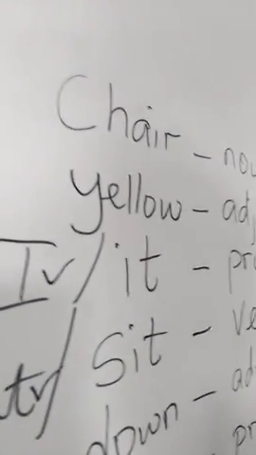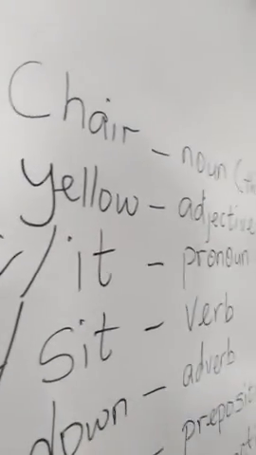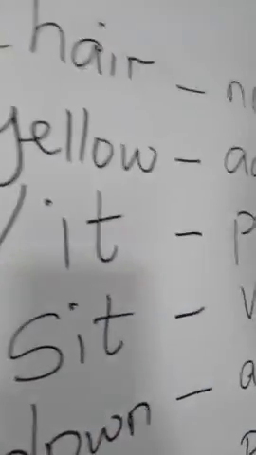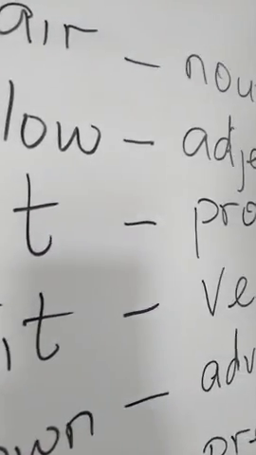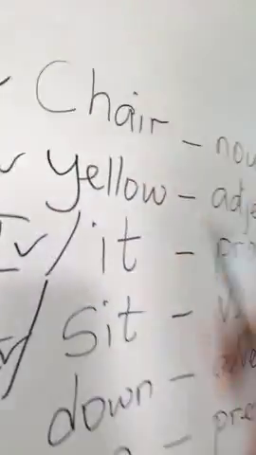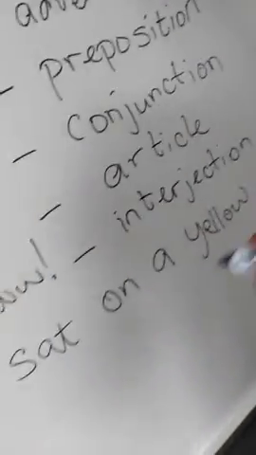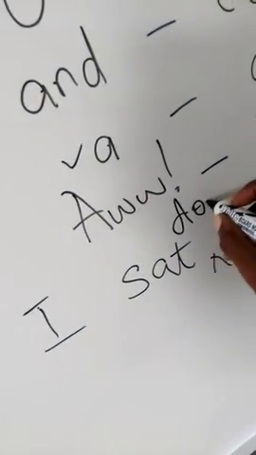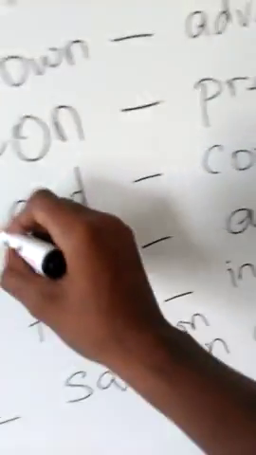So let's take it as we write. We can try with I, done that, sat, done that, on, done that, a, done that. We can try with yellow. I sat on a yellow chair. And we can use, oh, I sat down. Oops, my bad. I totally forgot to put my adverb. I sat down on a yellow chair.